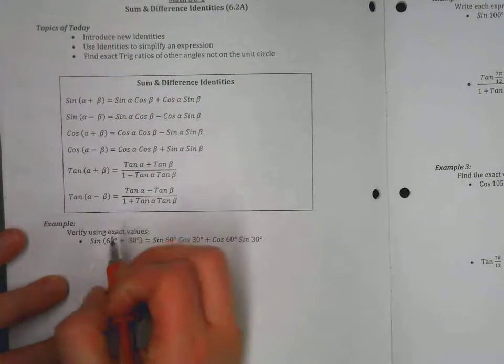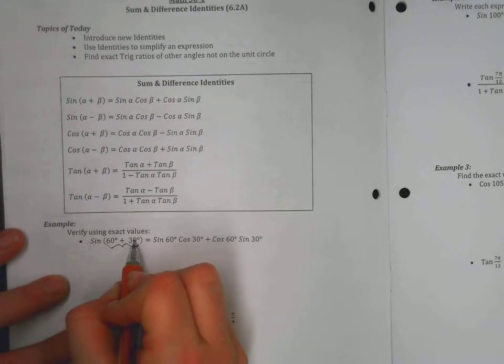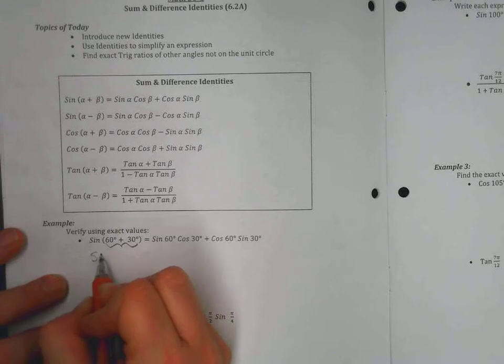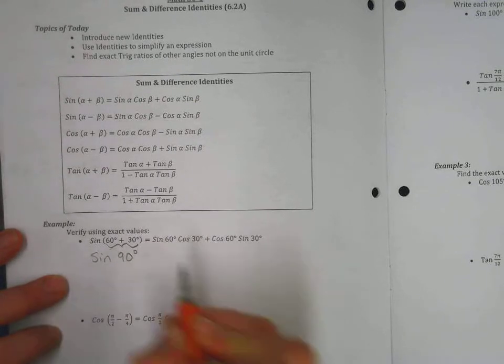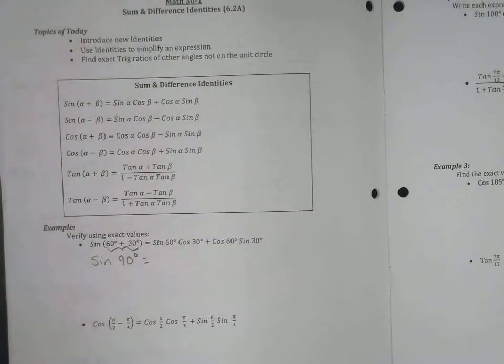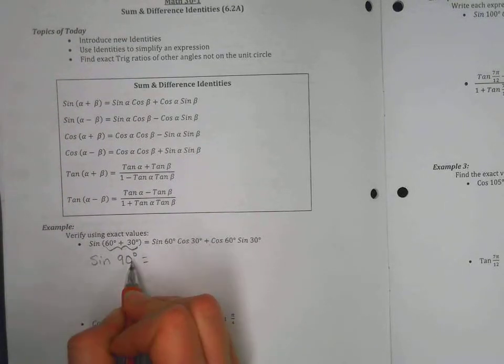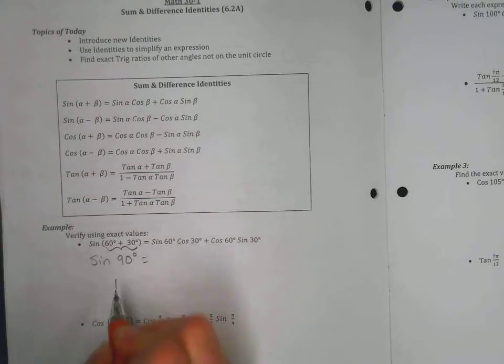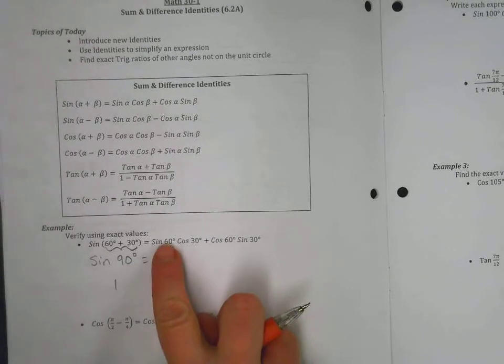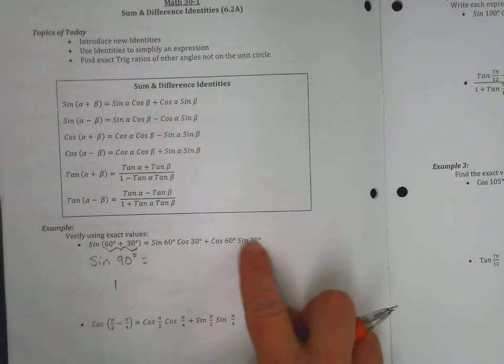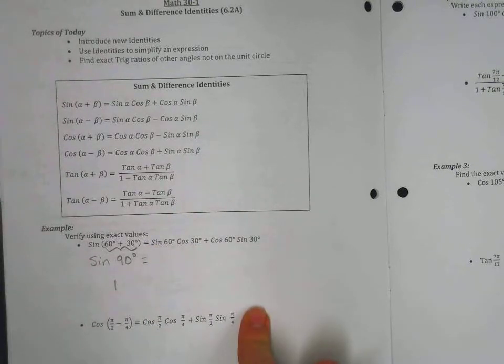So technically, 60 plus 30 is a 90-degree angle, and if we went to our unit circle, sine of 90 is equivalent to a ratio of 1. If I use the ratios for each of these values, all of this should eventually equate to 1 as well.